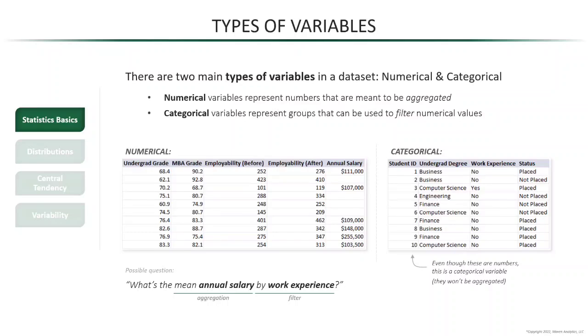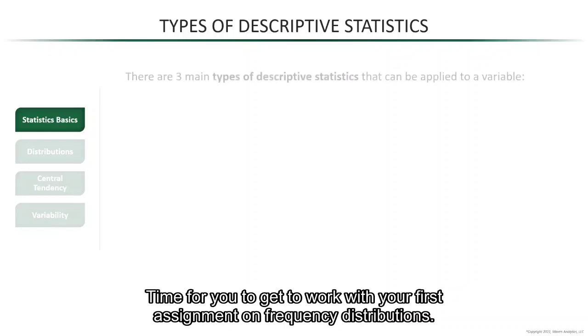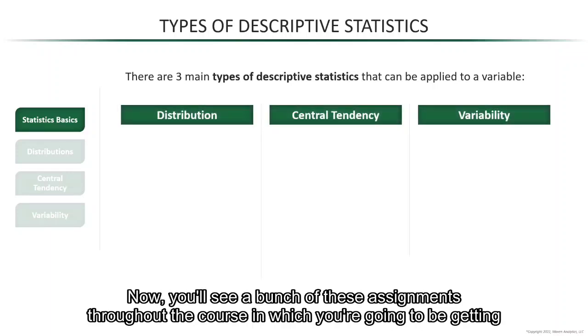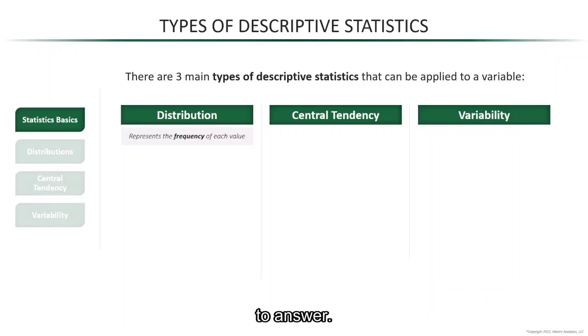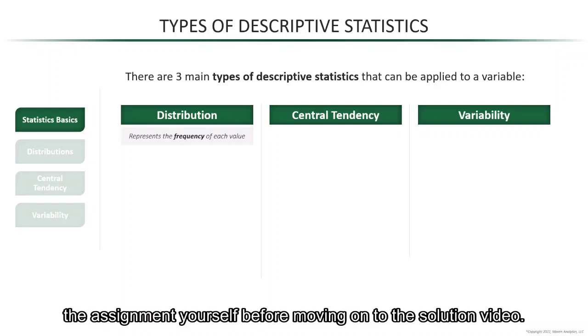And how we're going to be using each type going forward. Okay, so now that we know the types of variables, let's talk about the 3 main types of descriptive statistics that we can apply to them. And these are distribution, central tendency, and variability. Now, what the distribution does is represent the frequency of each possible value in a variable. So in other words, how many times does each of these values occur?